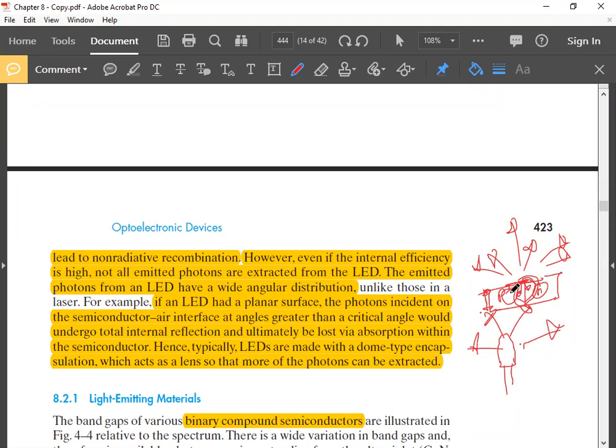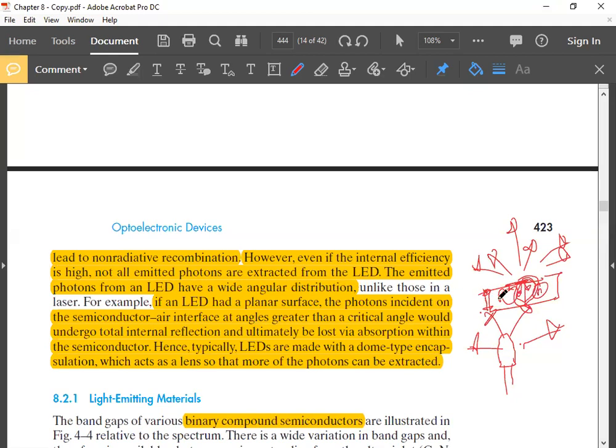Now these photons have to escape the semiconductor and go to the surrounding air. So you can see that there is a semiconductor air interface, a plane which the photons have to cross. Since photons will be generated in different directions, that's why it is said that the emitted photons from the LED have a wide angular distribution.